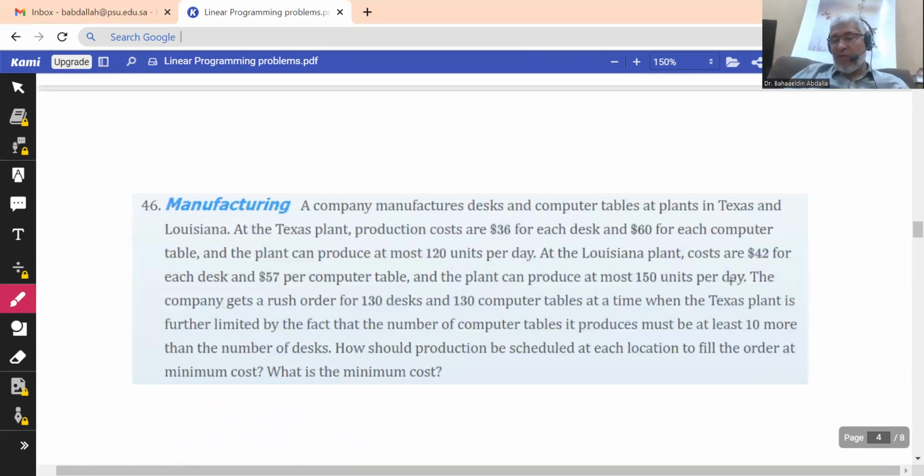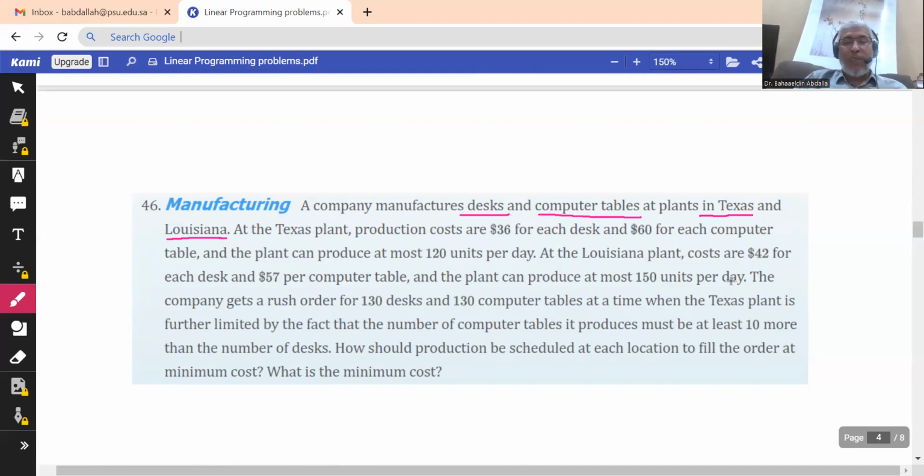Another question, 46. A company manufactures desks and computer tables at plants in Texas and Louisiana. So there are 2 plants, one in Texas and one in Louisiana, and each plant manufactures desks and computer tables.